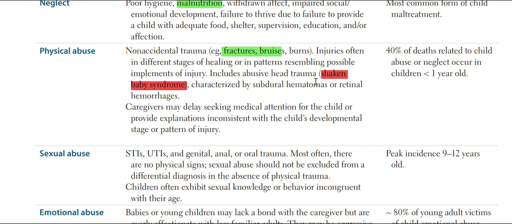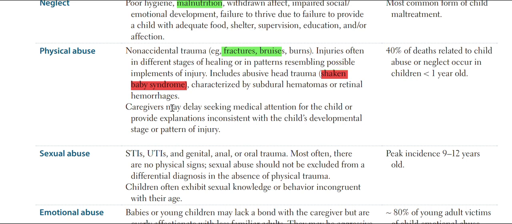Because the baby is shaken so harshly, they can develop hemorrhages. They can develop retinal hemorrhages in the eye, and along with that, they can also develop subdural hematomas. The reason they develop subdural hematomas is the rupture of the bridging veins, and along with that, they'll develop these retinal hemorrhages.